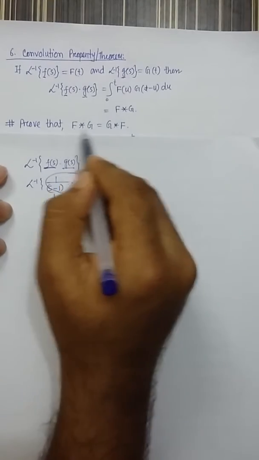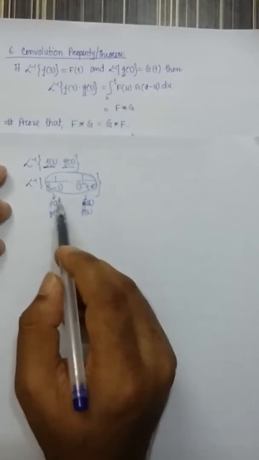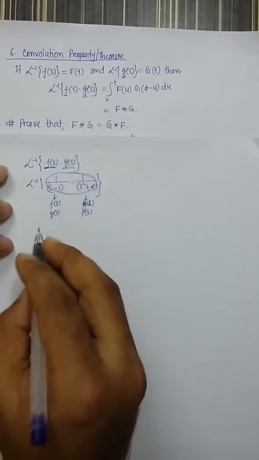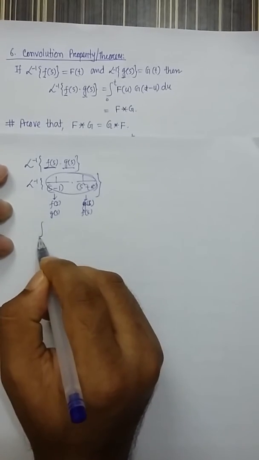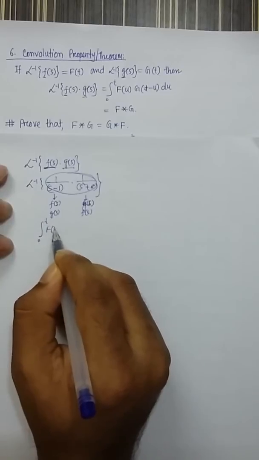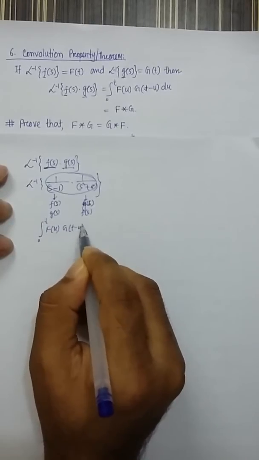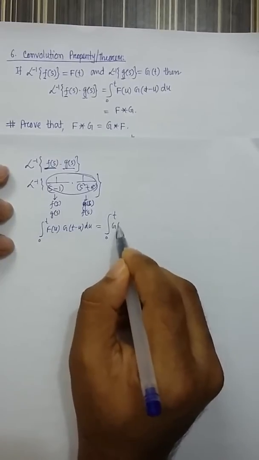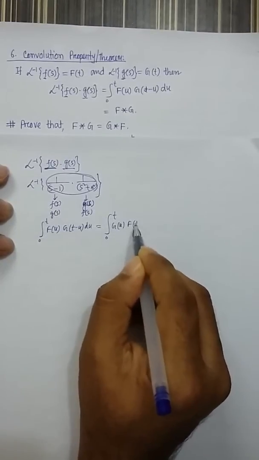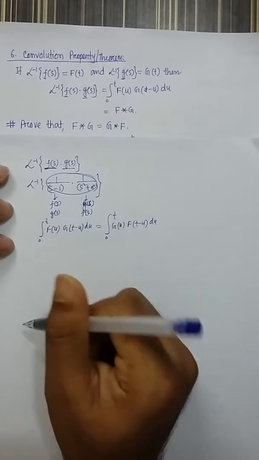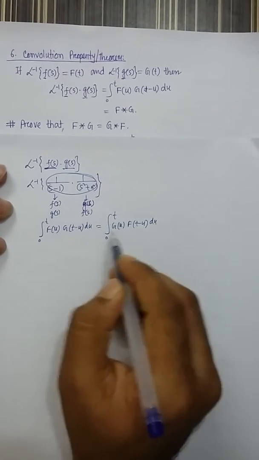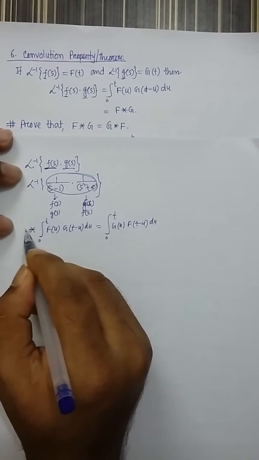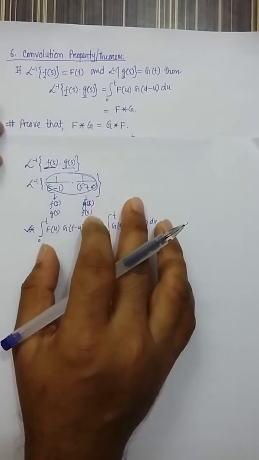No problem. This property means it doesn't matter which function we choose as g and which as f. Also in the integral from 0 to t of f of u g of (t minus u) du, if you write the integral from 0 to t of g of u f of (t minus u), there is no problem. Both will give the same result. So this is the significance of this proof.